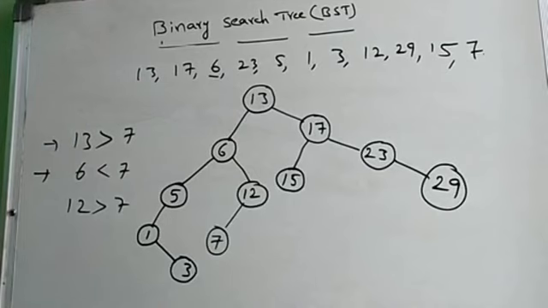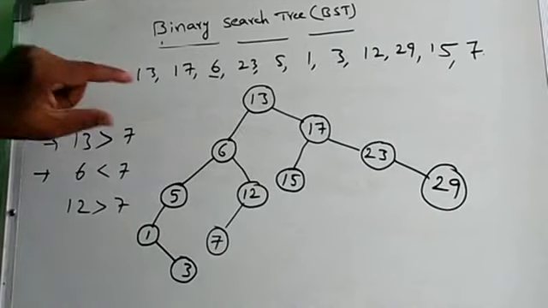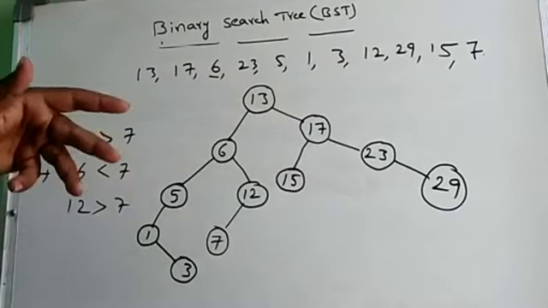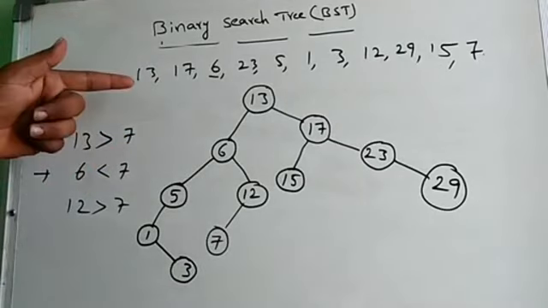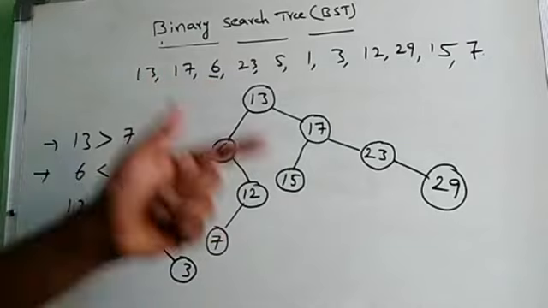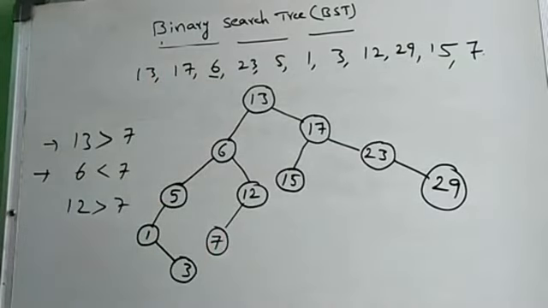Take any elements in any order, and according to the three properties or rules framed, we can add them one after another. How many elements you take is not an issue. If you know the procedure, you can clearly fix the binary search tree. Okay, that's it.